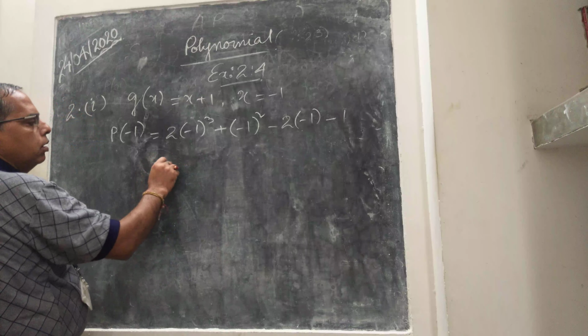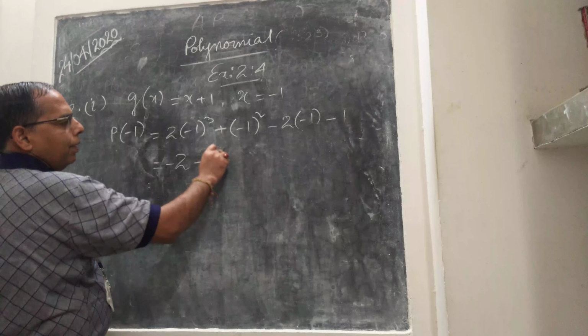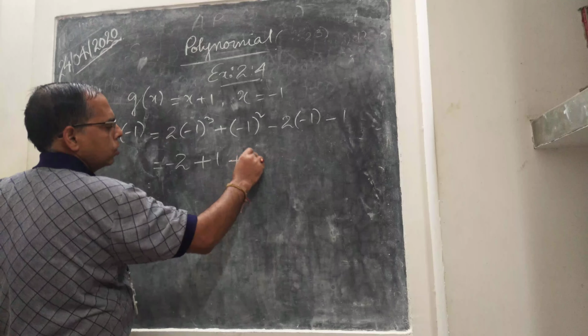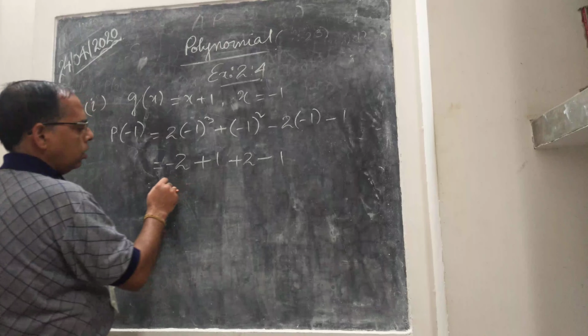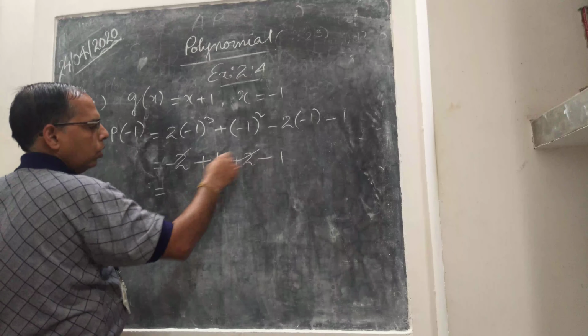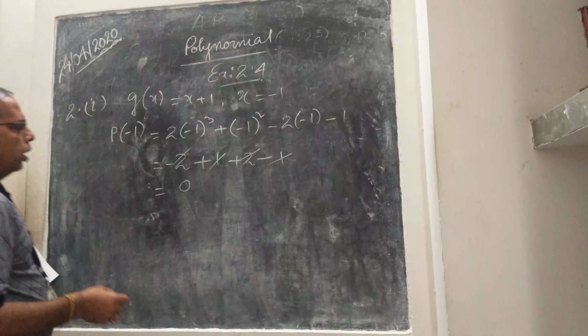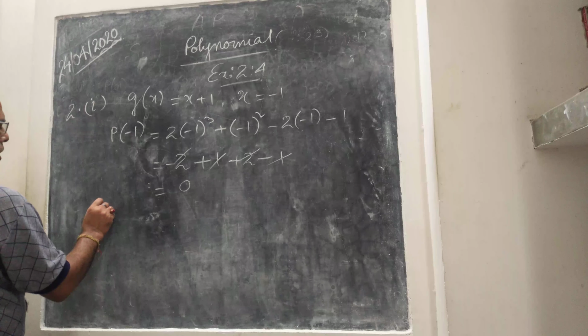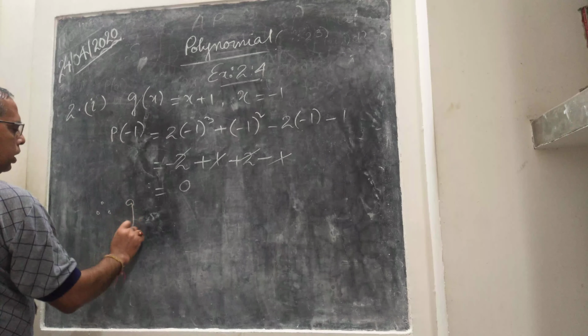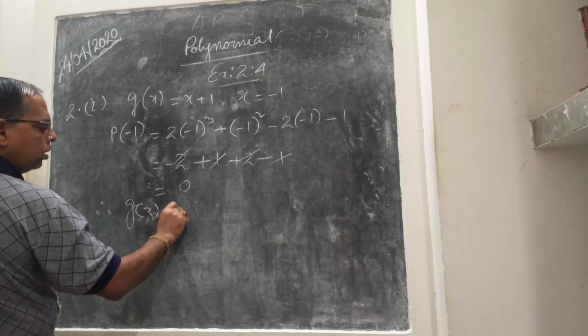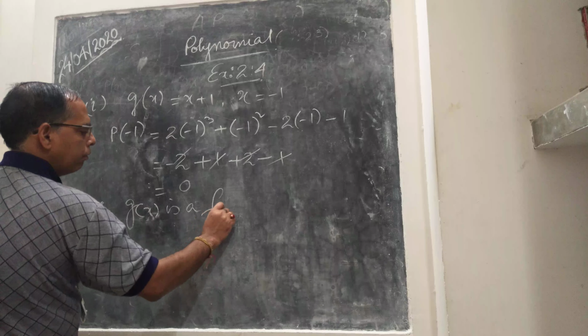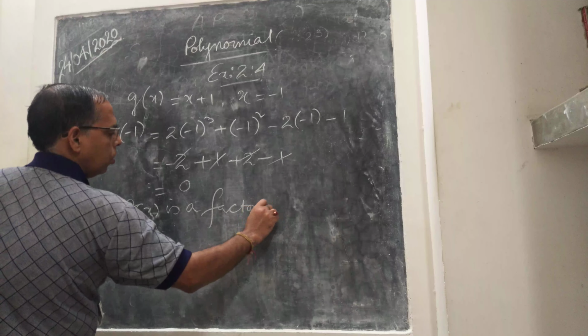So what is that? Minus 2 plus 1 plus 2 minus 1. So gone, so 0. Therefore, gx is a factor of px.